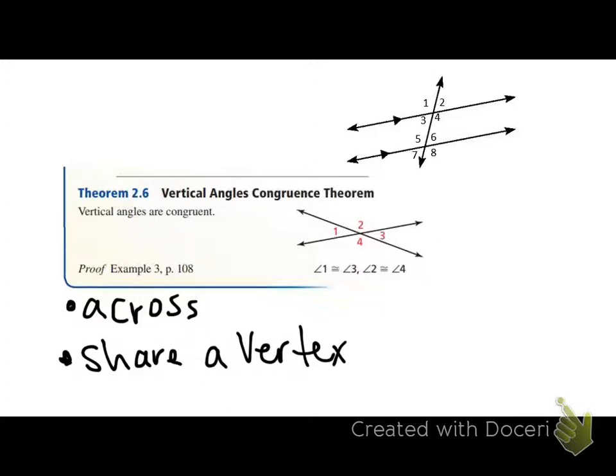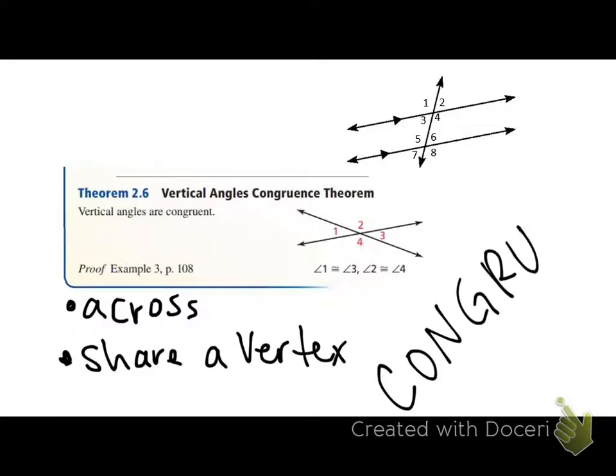It's like 2 and 2. What word is that? Congruent. So even larger than anything else you wrote in this box, just write that they are congruent. Make it a big deal because it's going to matter in 2 seconds when we learn about other angles. Vertical angles are congruent.